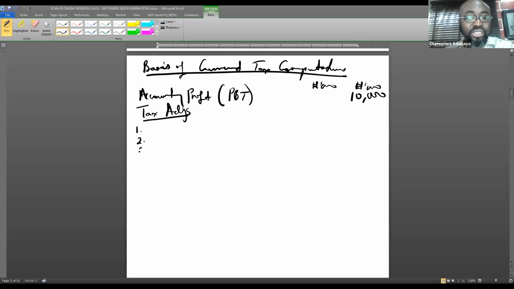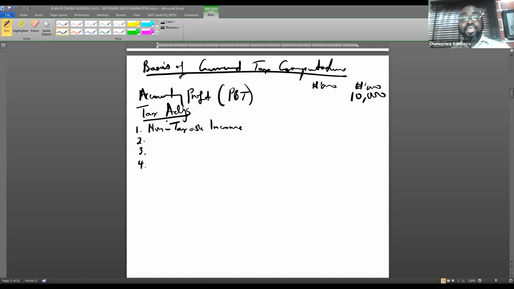The tax adjustments, I can group them into three. There are adjustments that require non-taxable income.